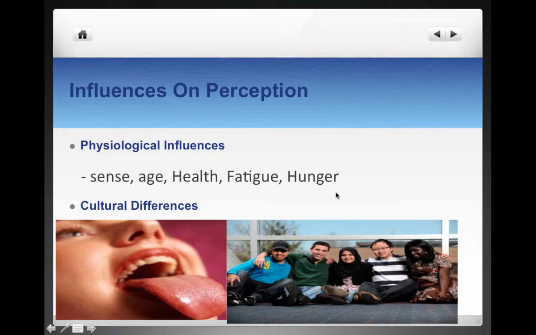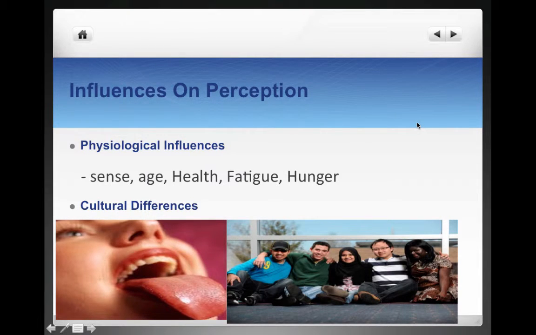In physiological processes, for example, the senses matter a lot. And when we say senses, it includes how each one of us sees, hears, tastes, touches, and smells things.